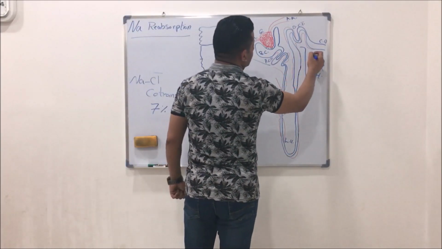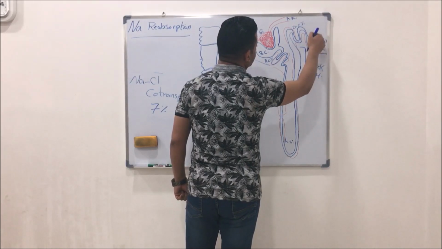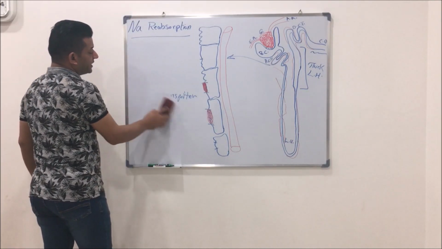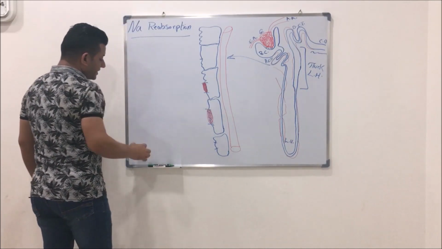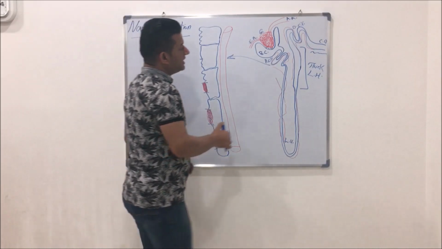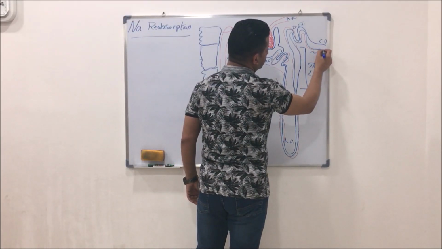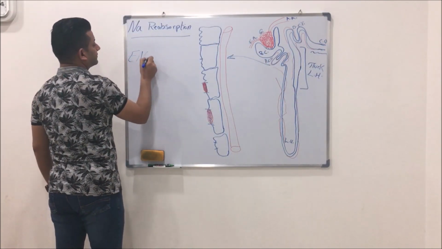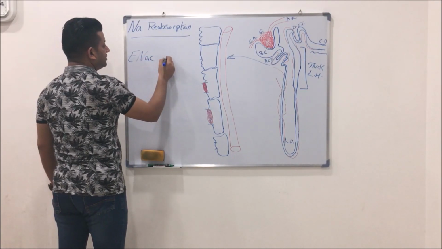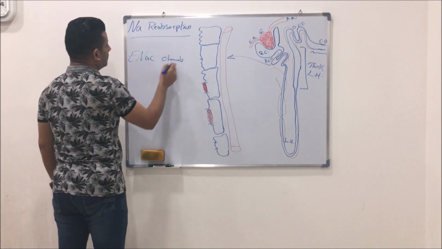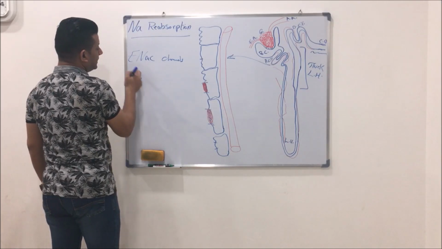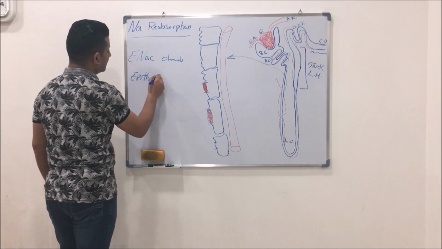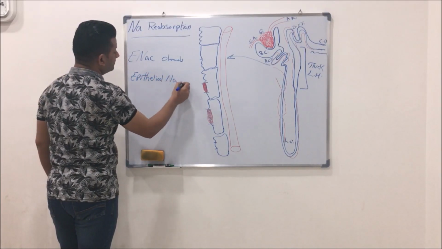And now we are going to speak about sodium reabsorption in the collecting ducts. In the collecting ducts, sodium is reabsorbed by specific cell channels called ENaC channels, where E stands for epithelial sodium channels.